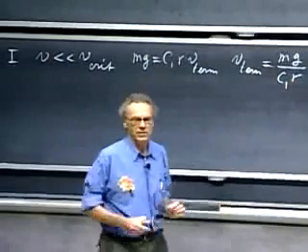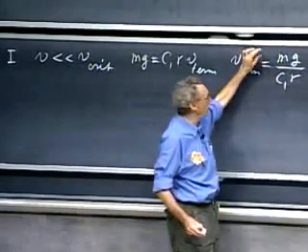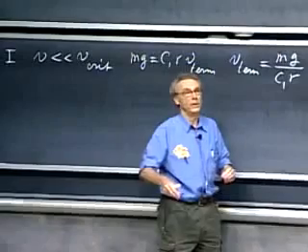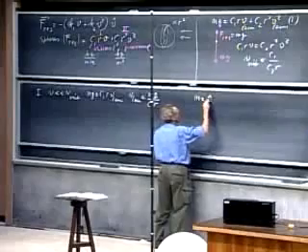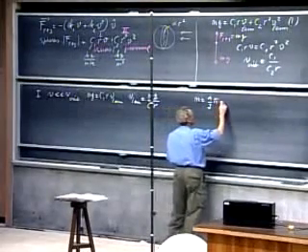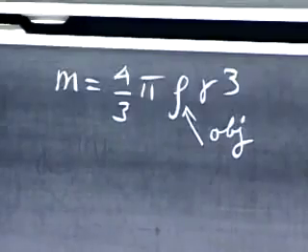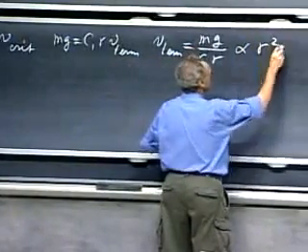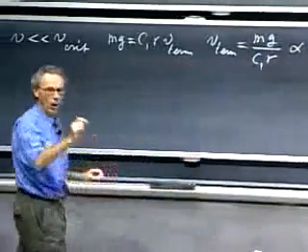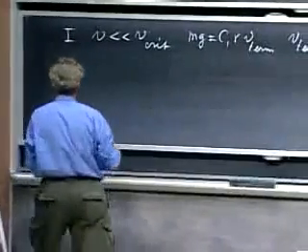If you take objects of the same material, that means they have the same density, the density of the objects that you drop in the liquid or in the gas, so that m equals 4/3 pi rho r cubed. This is now the rho, the density of the object, it's not the density of the medium. Then you can immediately see, since you get an r cubed here, that this is proportional to the square of the radius, if you drop objects in there with the same density.